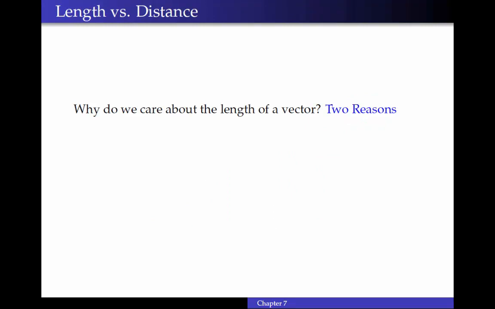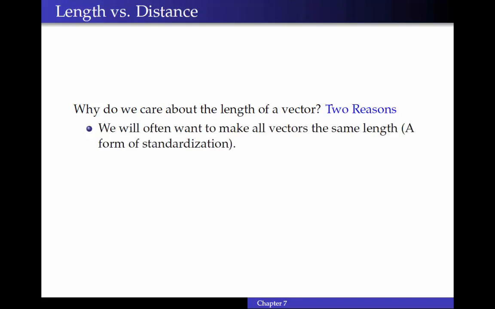So there's really 2 reasons why we care about the length of a vector. First of all, we're going to want to make all vectors the same length in a number of applications. So this is a form of standardization, which you've already seen on the statistical side of things, where Dr. LeVar talks about standardizing variables to make them normally distributed with mean 0 and standard deviation 1, because it puts everything on the same scale.